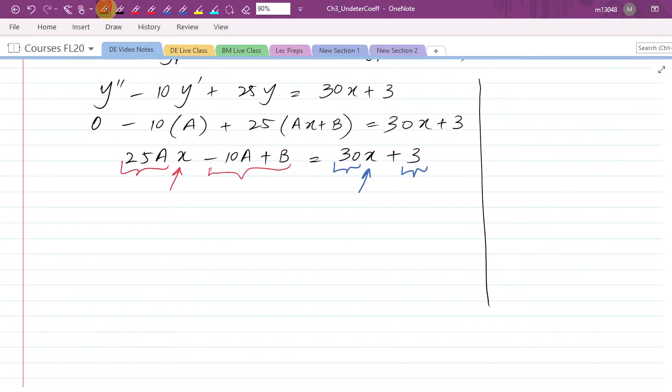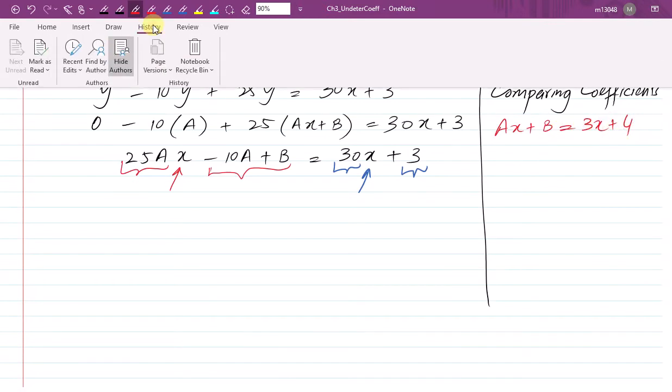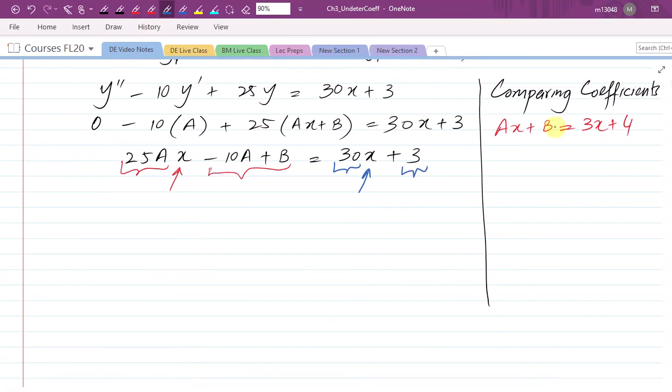How does it work? We call it comparing coefficients, and that's where the name of the method comes from. Comparing coefficients. Okay, if we have, let's say, let me write in the same order as it appears here. So if we have ax plus b equals 3x plus 4, how can we find a and b from this expression?